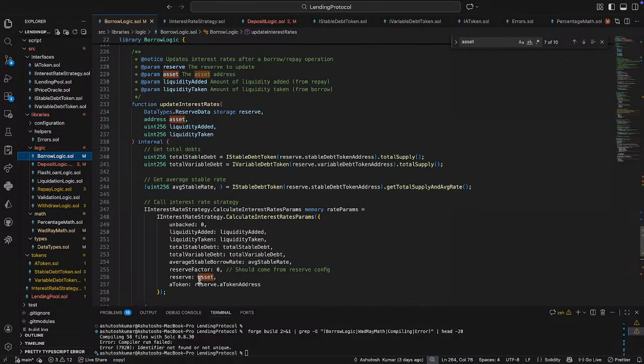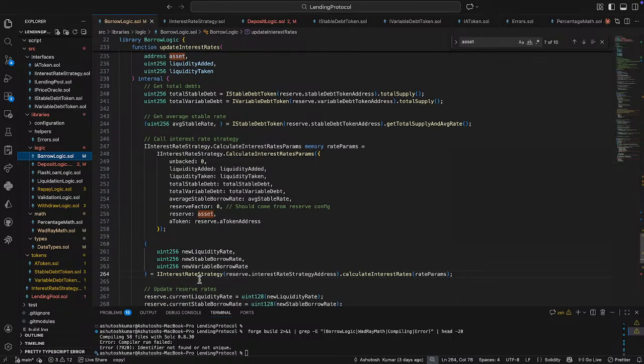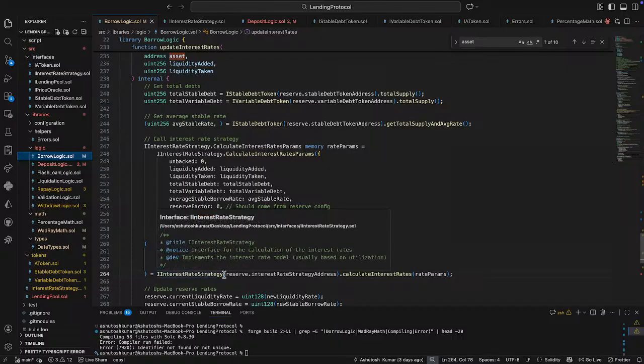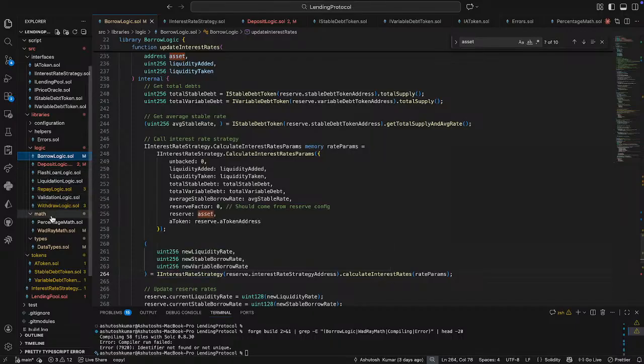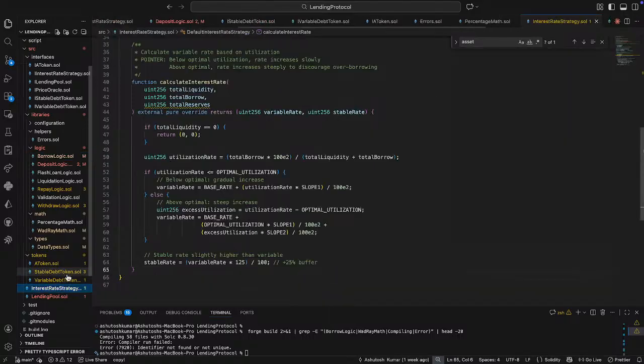Let's understand this thing in deep depth. Current stable rate, why do I need average stable rate? But we don't need this many parameters, I guess. Interest rate strategy, calculate interest rate.